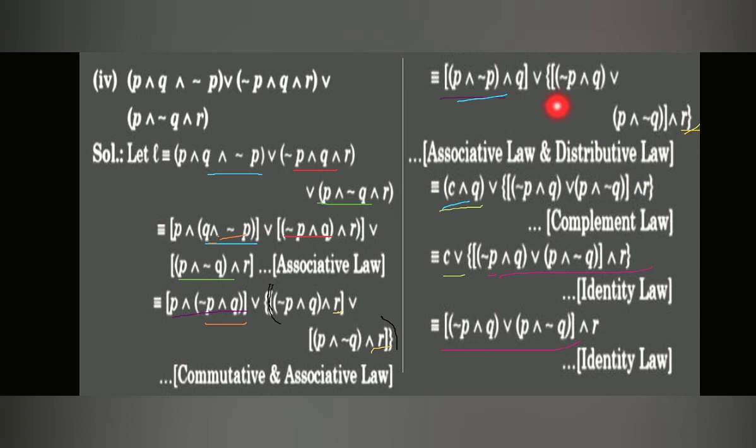Again distributive law means this R, common R, this R and this R take common, and remaining right in bracket, (¬P and Q) or (P and ¬Q), bracket close and R. This is distributive law applied to this bracket, and associative law applied to this bracket. Write down associative law and distributive law.